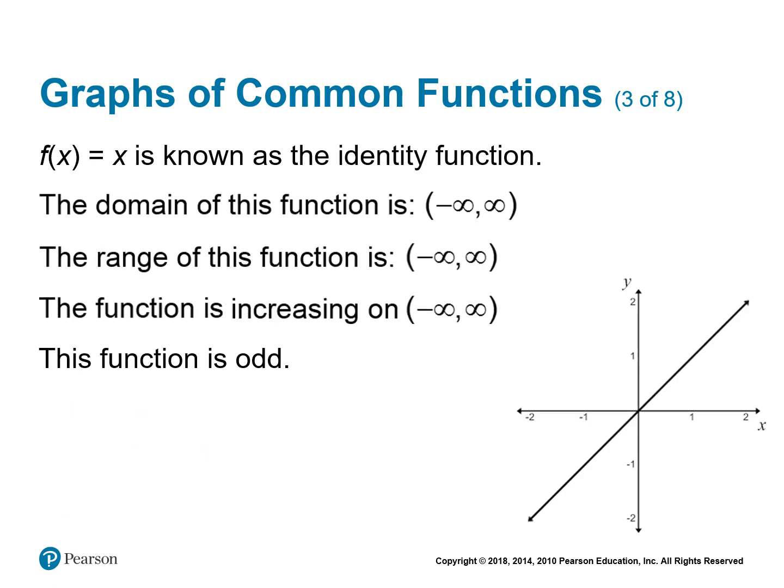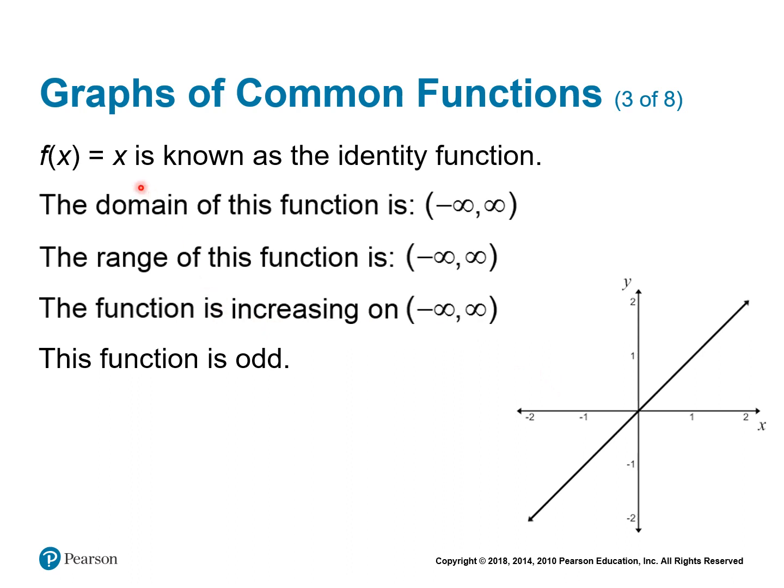Now let's look at the function f of x equals x. It is a linear function. The previous function, which was a constant function, is also a linear function, but it was always a horizontal line, crossing the y-axis at c. Here, this is f of x equals x.